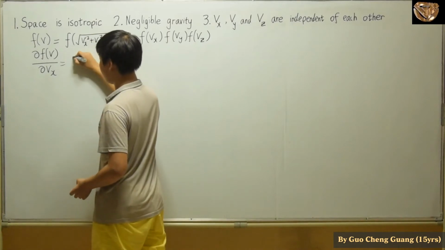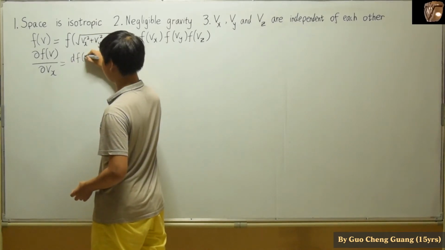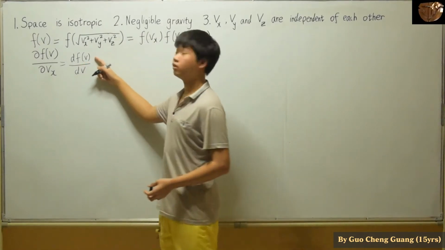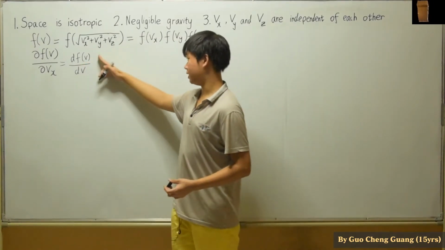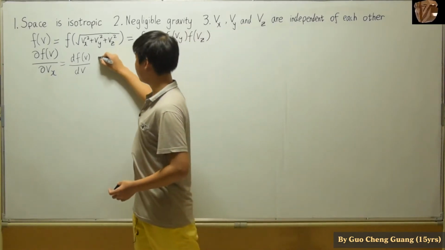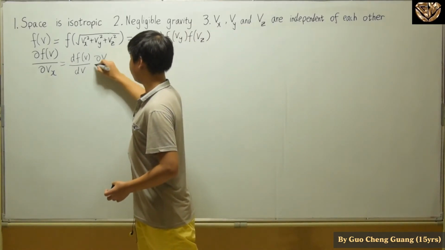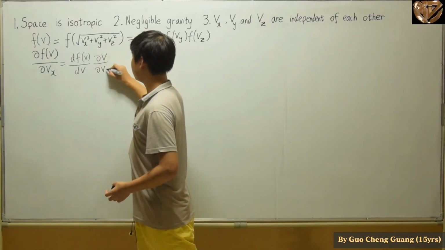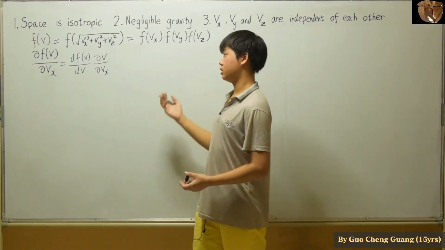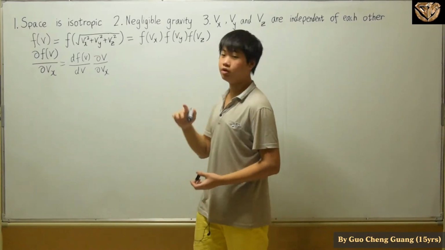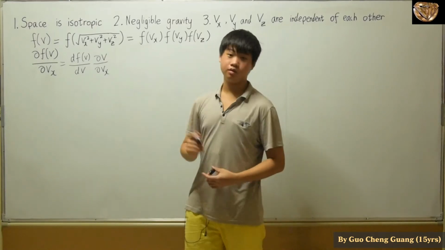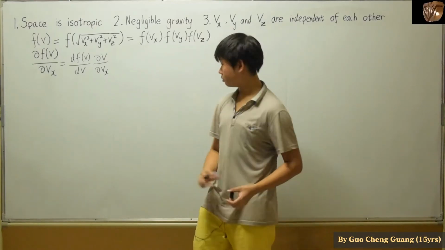Now you're going to have df(v) dv, since here your so-called variable is v. The next part is going to be partial v, partial vx, since v is a composite, or a function, of vx, vy, and vz. So again, this is using total differentiation.